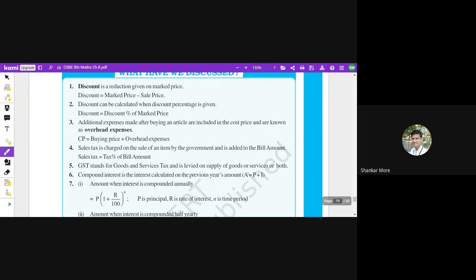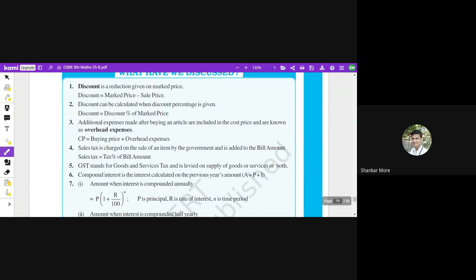Additional expenses made after buying an article are included in the cost price and are known as overhead expenses. Humne ye dekha hai, right? Cost price jo hai, that will be buying expenses plus overhead expenses. Maine aapko kaha tha na ki let us suppose if you are purchasing anything from your village or the city, let us suppose you are purchasing a bicycle, right? So you are purchasing it for, let us suppose, 3,000 rupees.